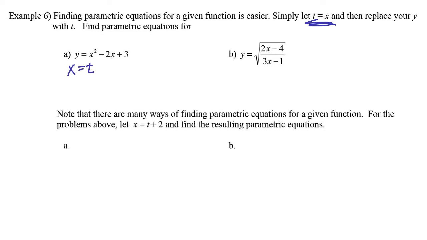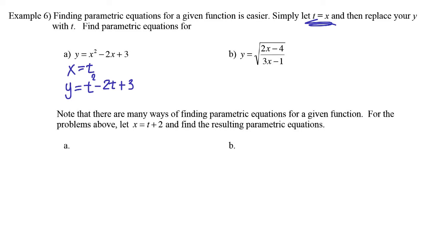and then to get our y equation, we're just going to make that substitution, so it would be t squared minus 2 times t plus 3. And that's all you have to do. So now we've changed our equations over to a parametric equation. It almost seems too easy to be true, but this is how you do it.